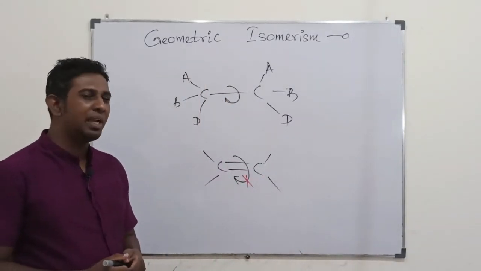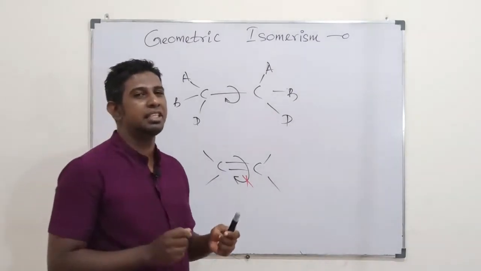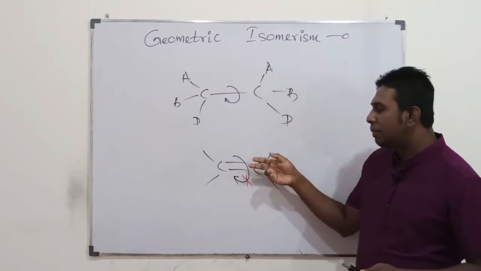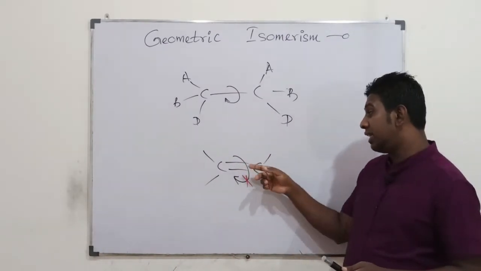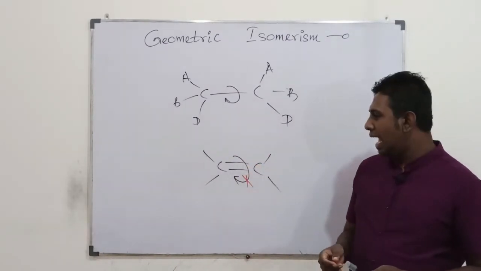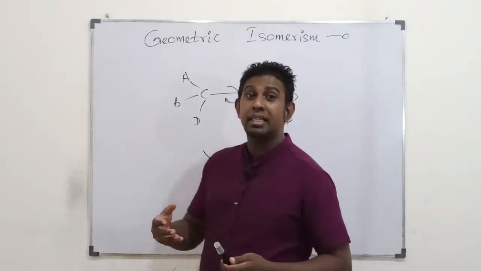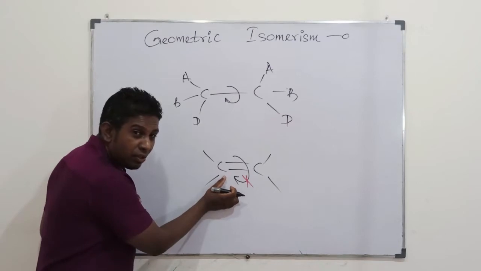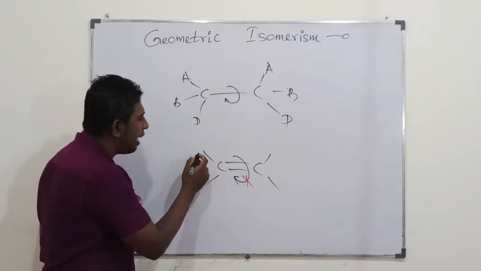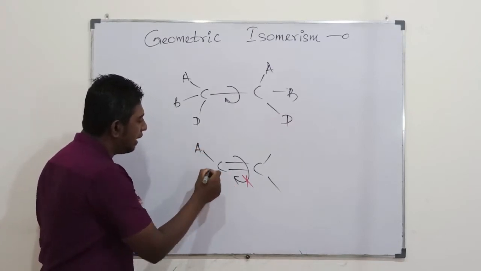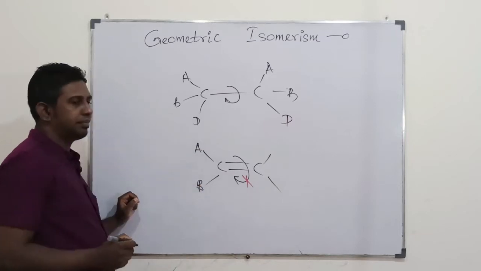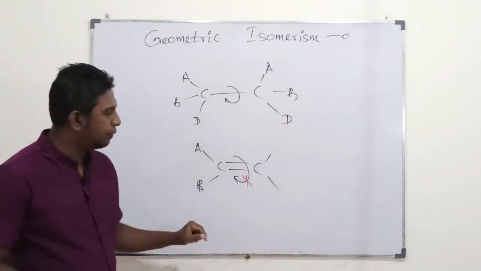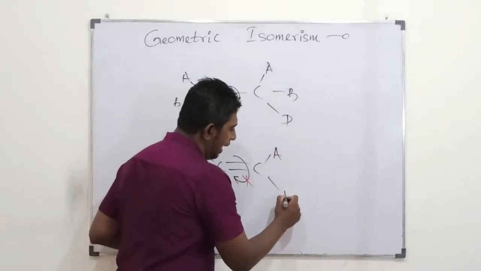If we are talking about such a situation, a double bond hindering the free rotation around the bond axis, then the second requirement is on each carbon. On this carbon, let's say you have two different groups, A and B. On this carbon also, you have two different groups, again A and B.